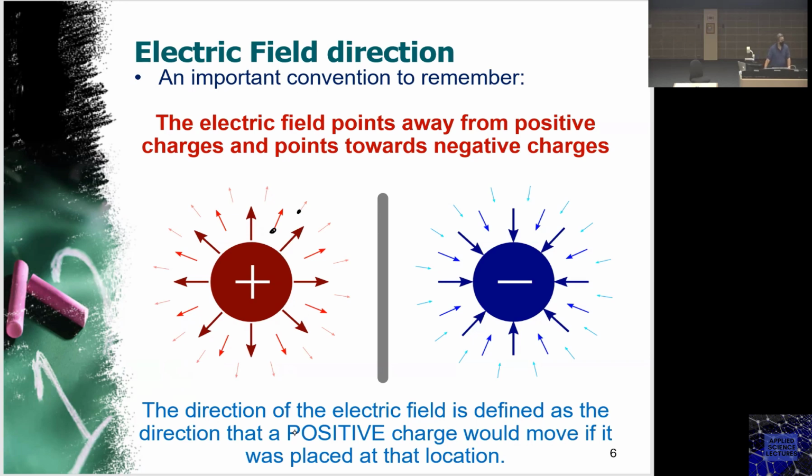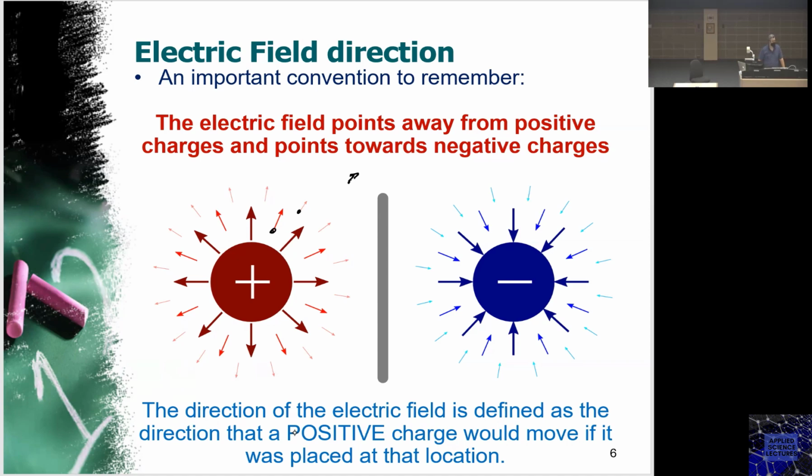Because back to the expression, the electric field is proportional to the magnitude of the charge that is generating this field, which is the capital Q, and inversely proportional to the distance squared, which is the distance between the point of interest and the point charge. That's why the further you go, the smaller the magnitude of this electric field will be.